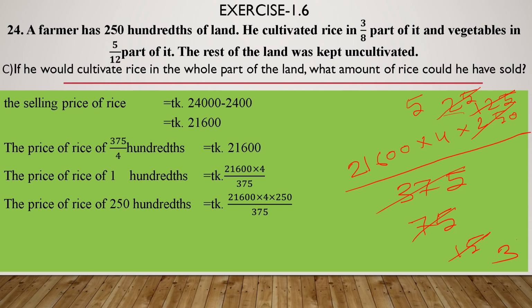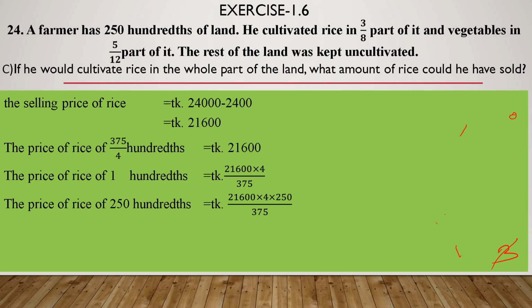Now this 3 we can reduce with this 21,600, giving 7,200. So if we multiply 20 by 7,200, I will show you what we get. And this is the reducing part I have shown you already, for your better understanding of how you can reduce this big multiplication and division.